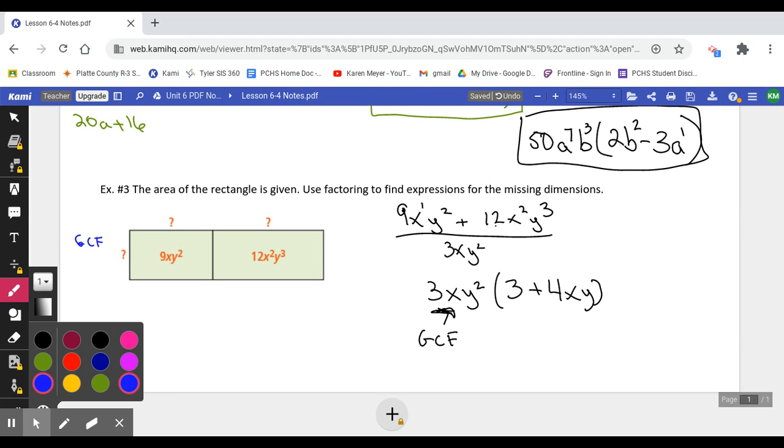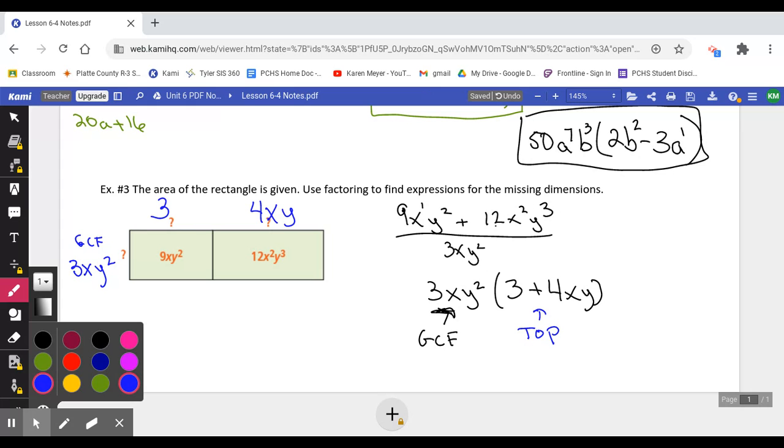So right here, you would put 3xy squared. On the top of the rectangle, this is what you're going to put the part that you have in the parentheses. So on the first question mark, we have, before the plus sign, we have a 3. After my plus sign, that goes for my second question mark, which is 4xy.